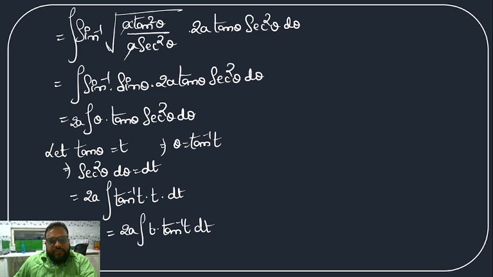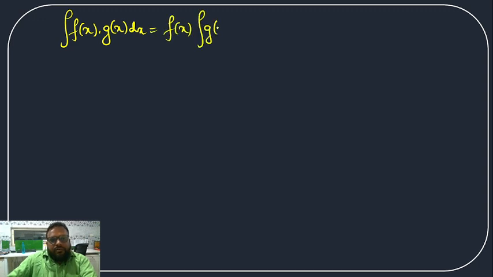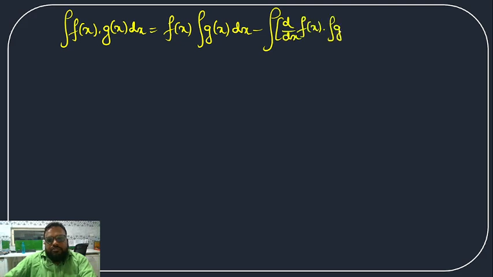Okay. Now we will go with the further simplification of this. Here we can apply the formula of integration of f of x into g of x dx. We know the condition clearly: integration of f of x into g of x dx is equal to f of x into integration of g of x dx, minus integration of derivative of f of x into integration of g of x dx, whole dx, right?